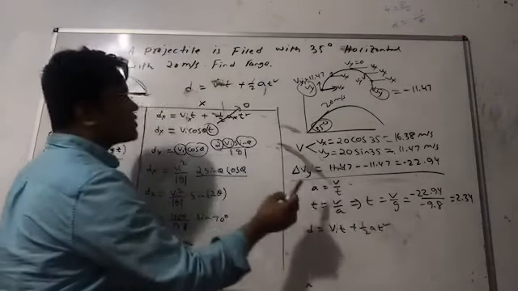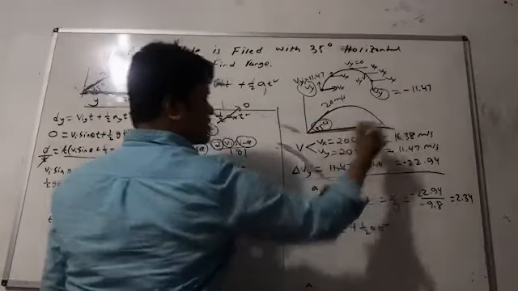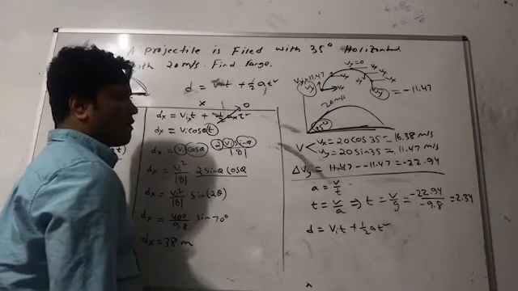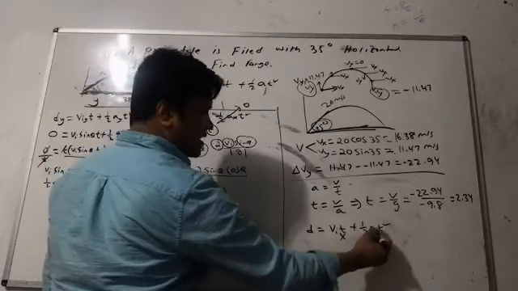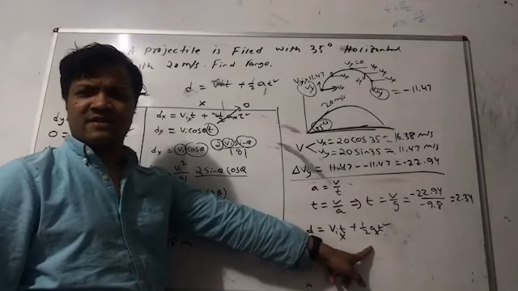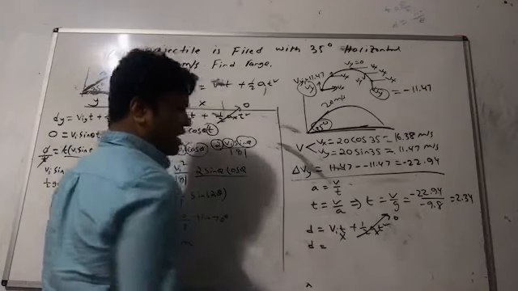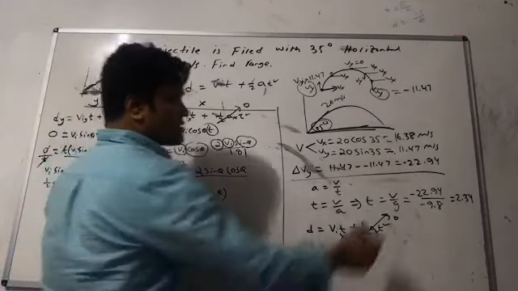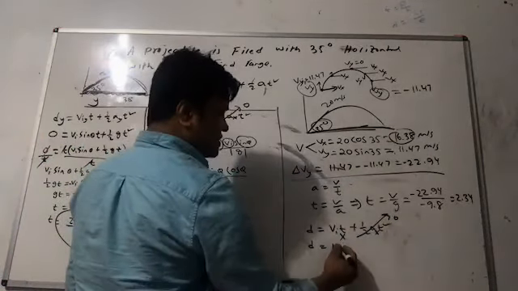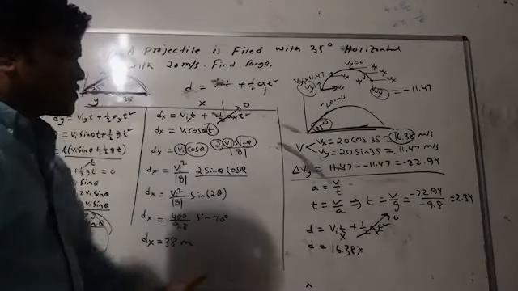Of course, we're going to do it in the x direction because we are trying to find the range. In the x direction, the acceleration due to gravity is 0, so the second term goes to 0. So d is equal to Vix, and Vix is 16.38 times t, which is 2.34.